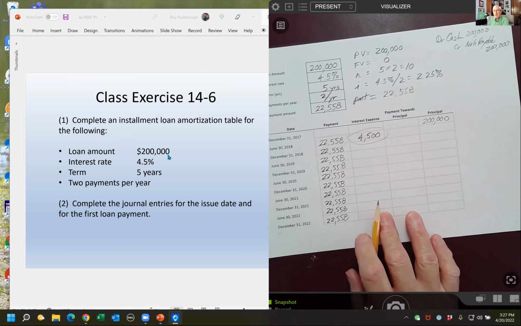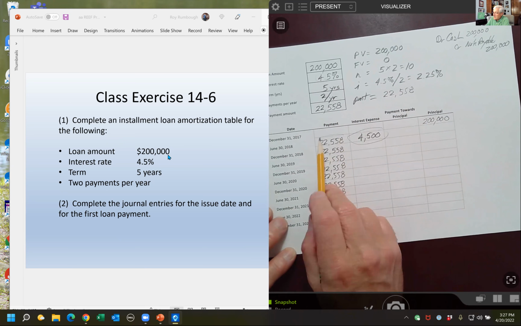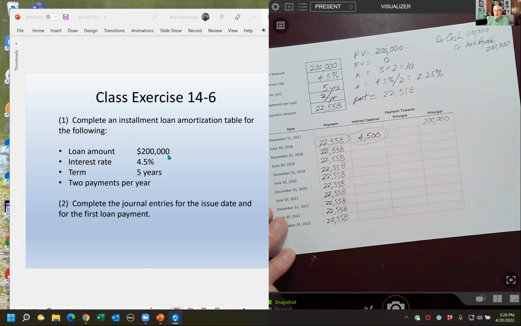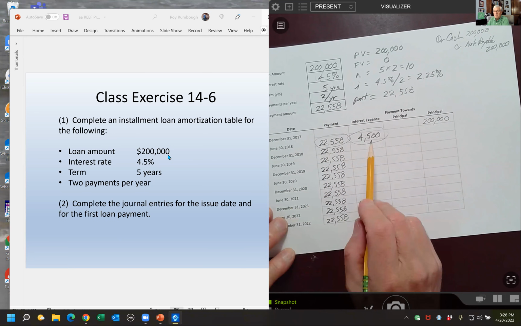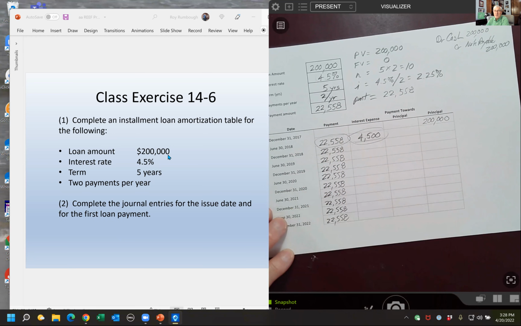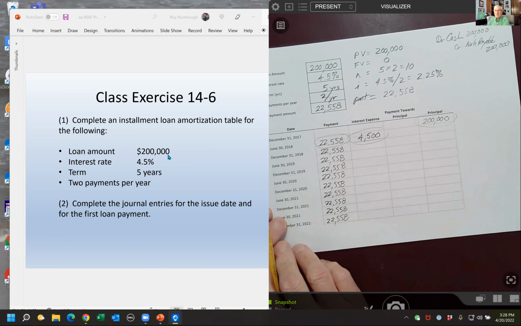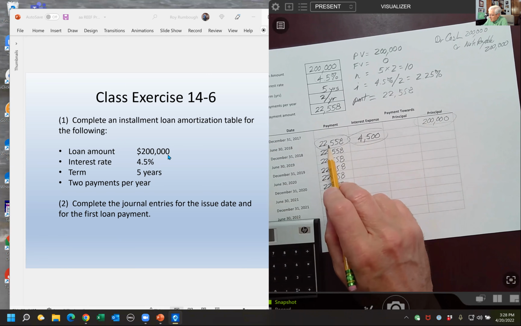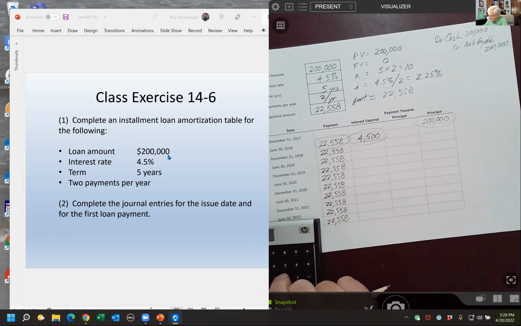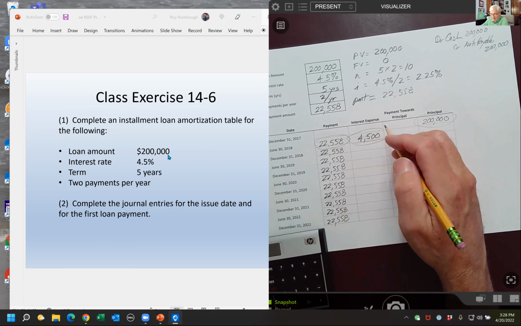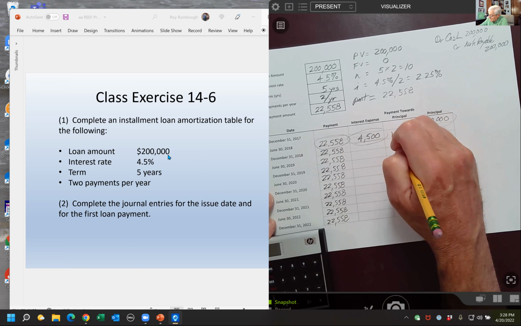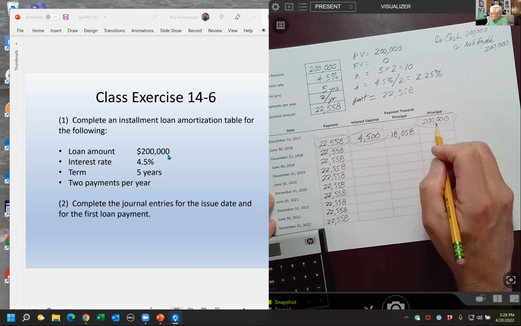So think about this for a minute. We paid 22,558, but there's only $4,500 of interest. So that excess amount, this is how all installment notes work, that excess amount reduces the outstanding balance of the principal. And so the difference between how much we paid and the interest expense, 22,558 minus 4,500, is $18,058, which reduced this principal amount.